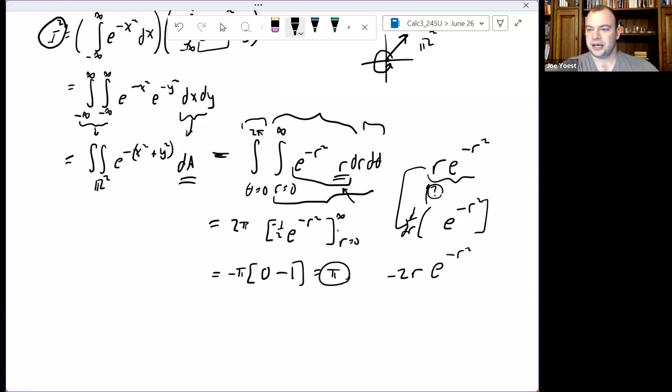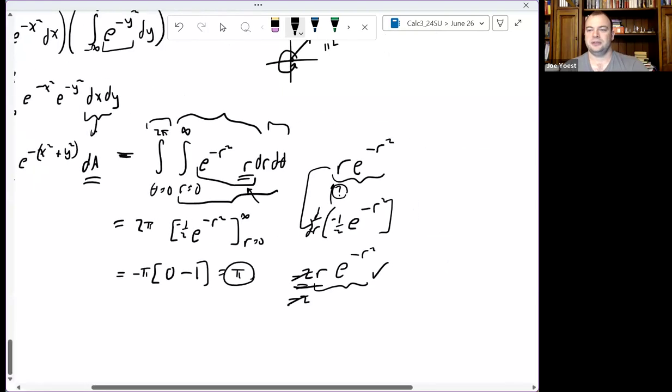That's almost what I have up here, but I have a factor of negative 2. So I fix this by multiplying by negative 1/2 in front. And now I do see that my derivative of negative 1/2 e to the minus r squared is r e to the negative r squared.